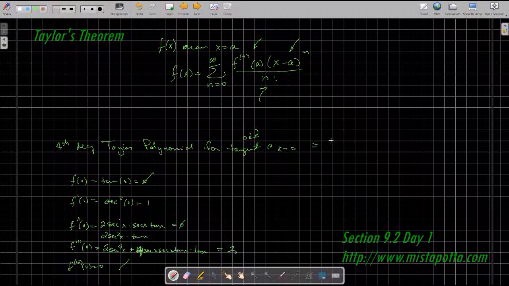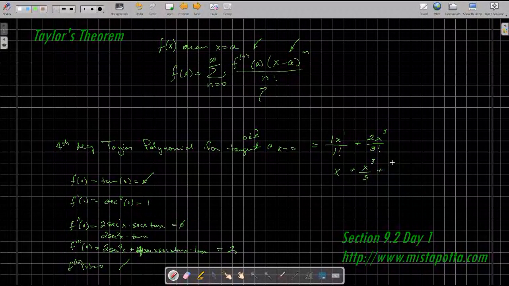So this should be 1x to the first over 1 factorial plus 2x to the third over 3 factorial. And so what I see here is x plus x cubed over 3, and I can continue this.